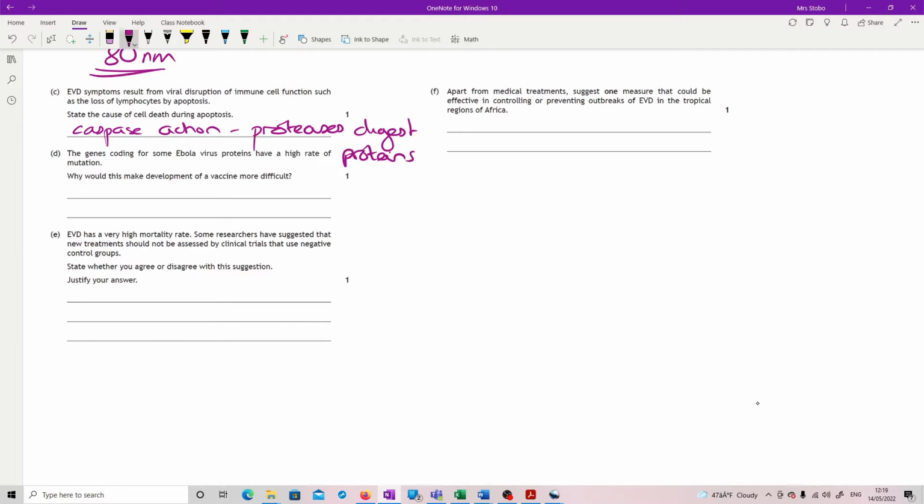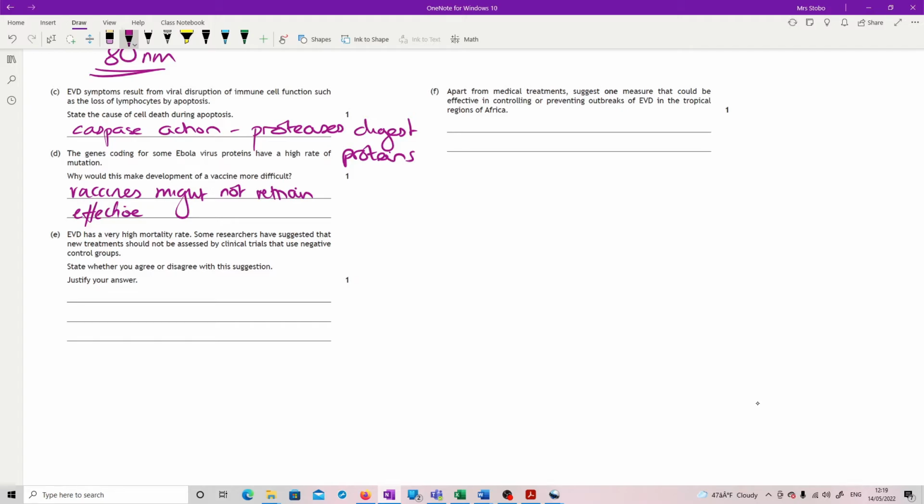The genes coding for some Ebola virus proteins have a high rate of mutation. Why would this make development of a vaccine more difficult? Again, we're all up on this because of COVID. So basically, high rate of mutation means that the vaccines might not remain efficient or effective at picking up the differences that you now have.